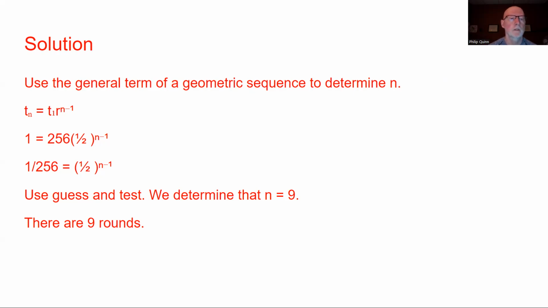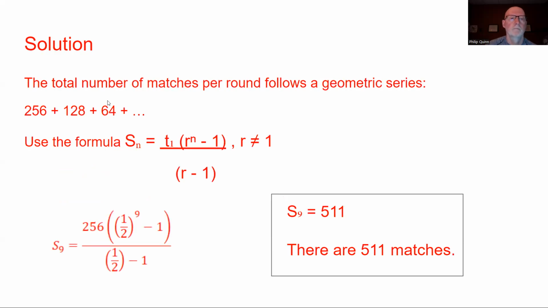We have a common ratio of 1/2. The exponent is n minus 1. So once again, we'll use guess and test here to find the value for the exponent. We can determine that n is equal to 9. Right, so that tells us we've got 9 rounds.